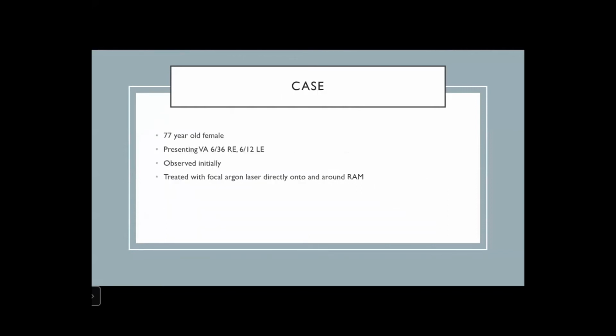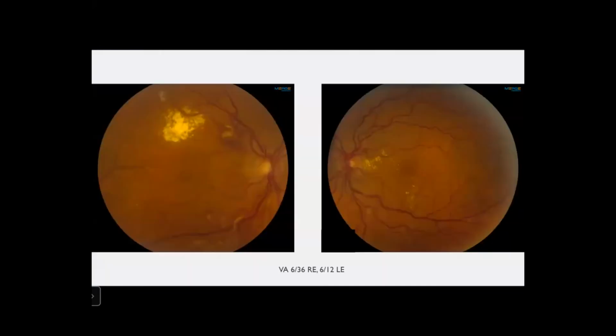So I'd like to present a 77-year-old female with a presenting visual acuity of 6/36 in the right eye, 6/12 in the left eye. I initially observed her, followed by treating her with focal argon laser directly onto and around the RAM in her left eye.